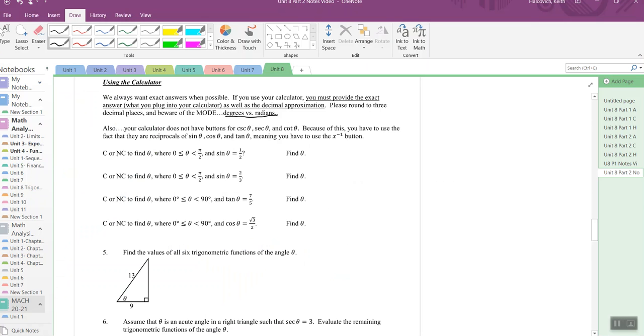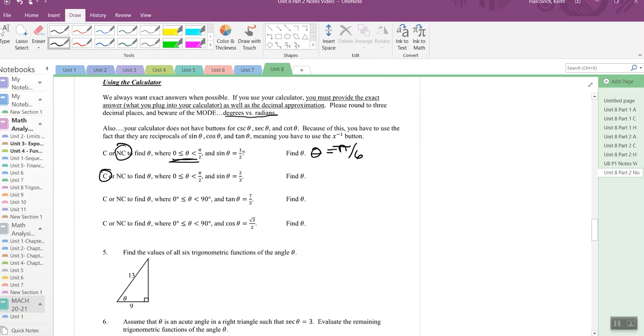So calculator or no calculator: in this case, you're trying to find the measure in radians, see this tells you that you need it in radians. What angle gives you the sine of 1/2? Well, that is a special right triangle, so you don't need your calculator, because theta would be pi over 6 or 30 degrees. But you want to leave it in radians because it tells you.